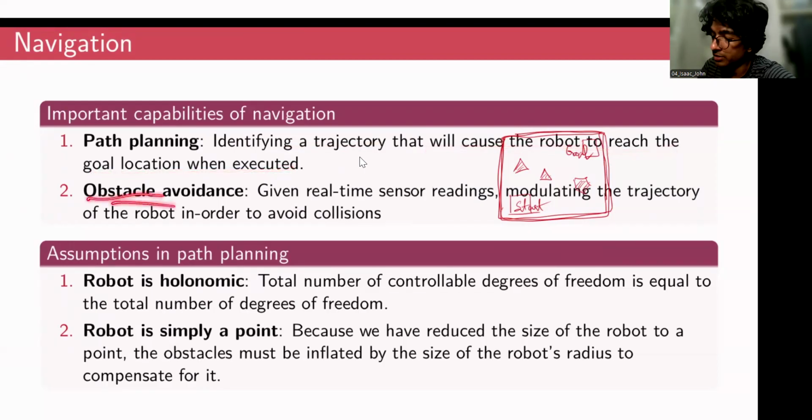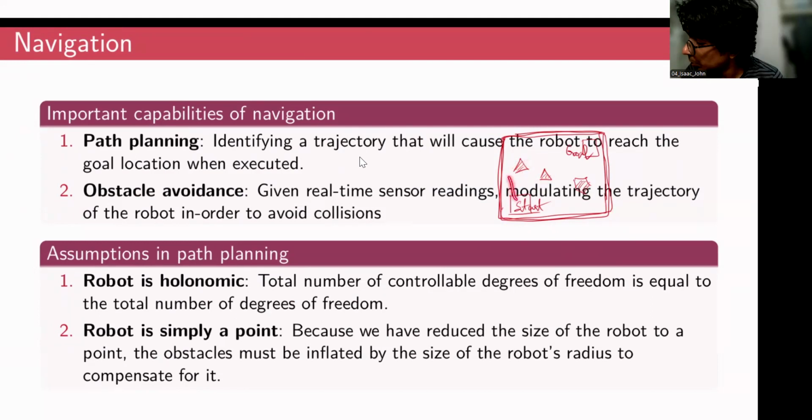And then obstacle avoidance. That is the second feature that we expect from the navigation system. Given real-time sensor readings, it modulates the trajectory of the robot in order to avoid collisions, right? In this example, I've considered the obstacles to be static. They do not really move in the environment. But there are a lot of practical situations where the position of the obstacles changes with respect to time.